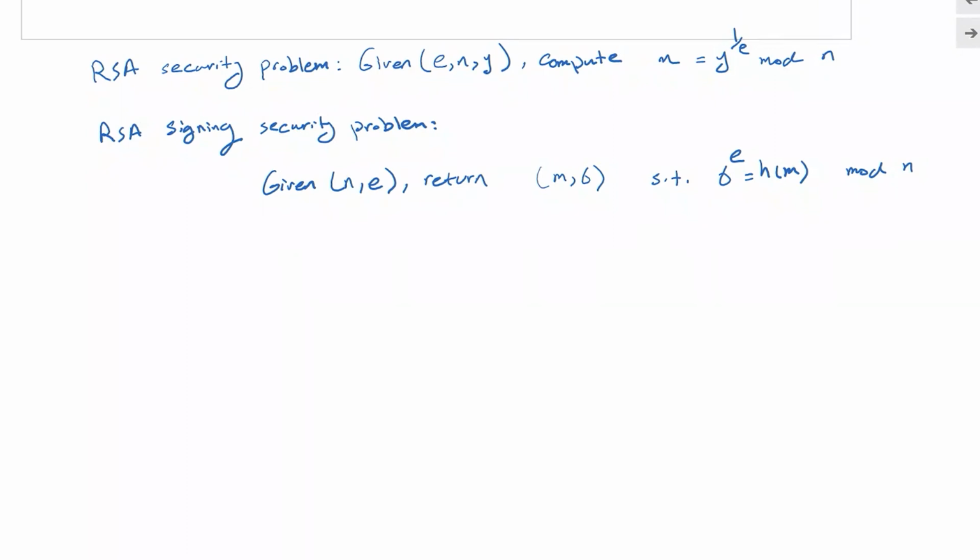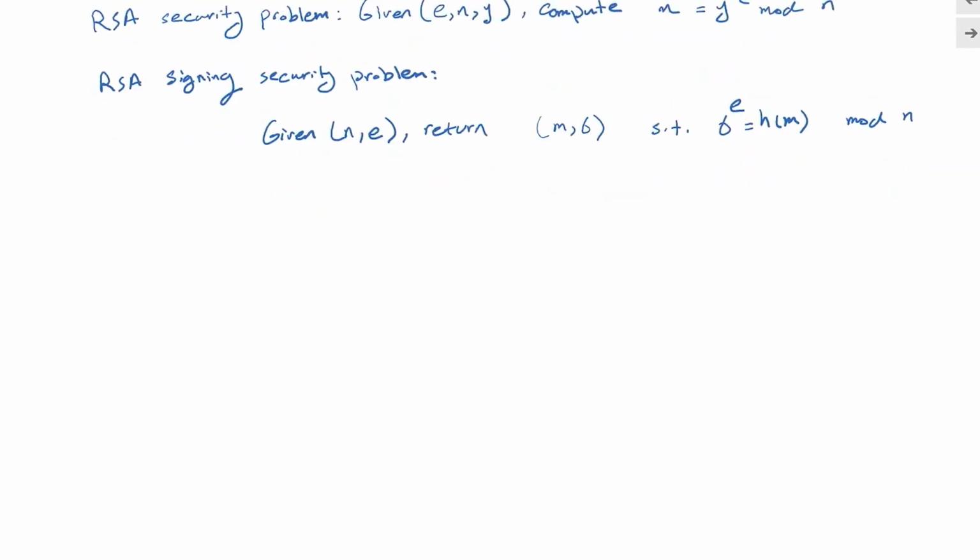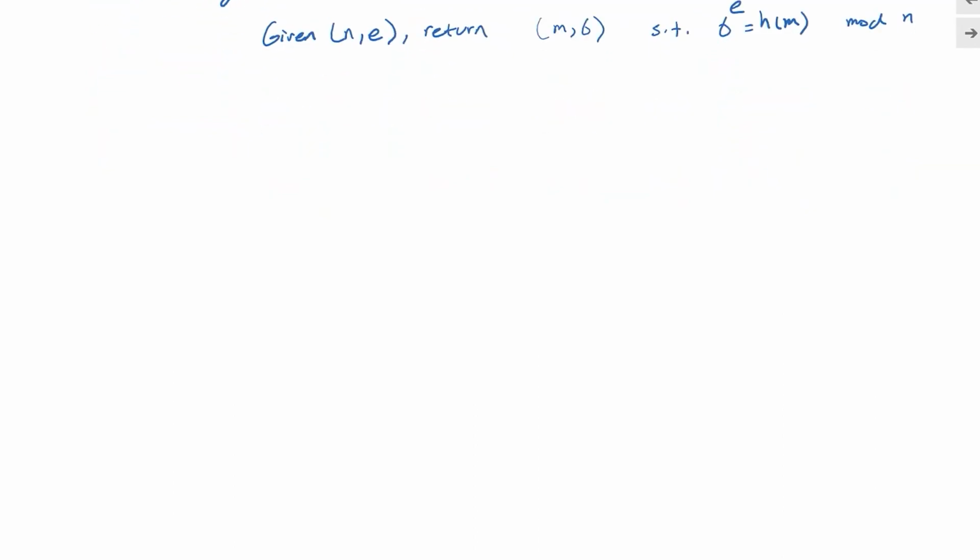So that's what we are going to do today. We are going to show that if somebody can break this, provide the forgery, then we can use this guy to solve this problem. That's why they are a little bit different, but very correlated to each other.